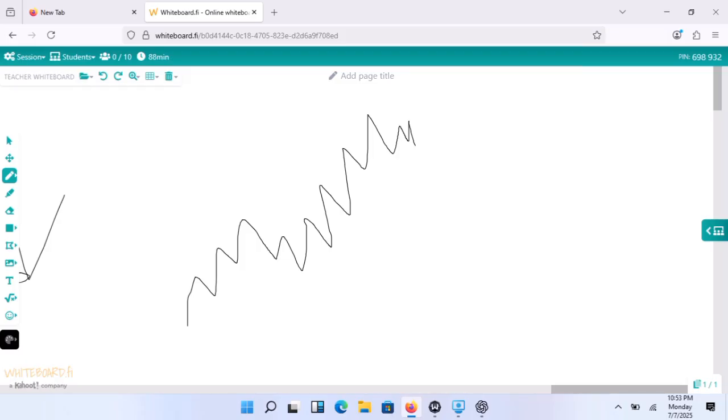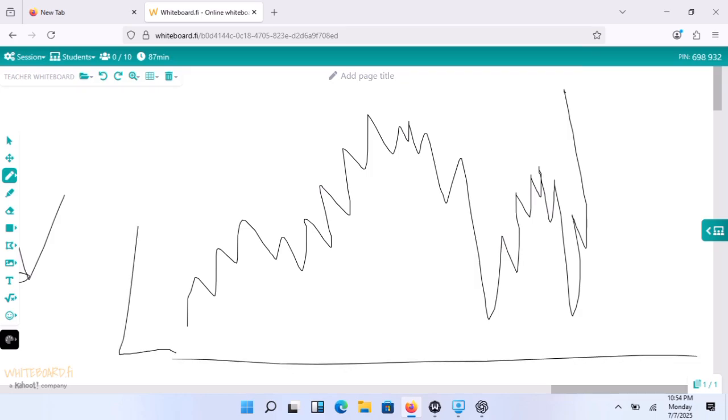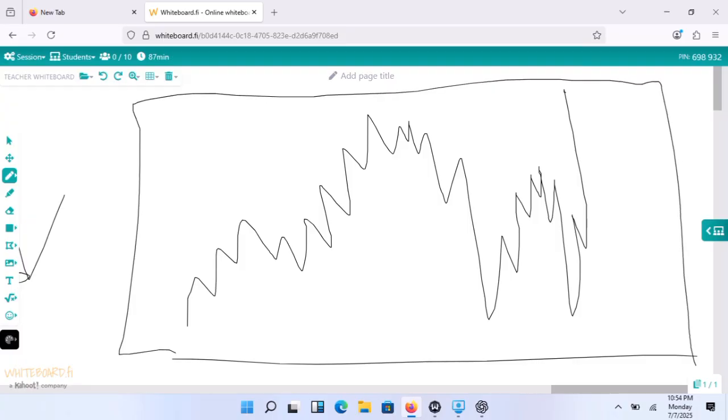Wait, can you see? Can you see how it is moving? Don't worry. You are seeing that this one is somehow difficult to understand. No, it is not.